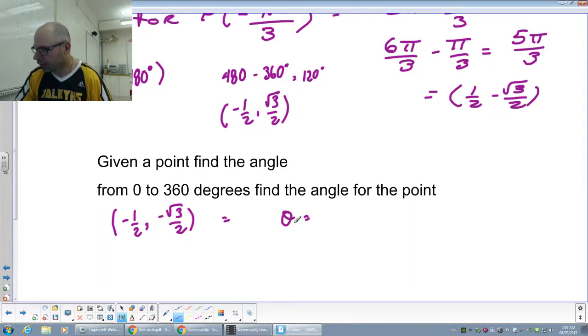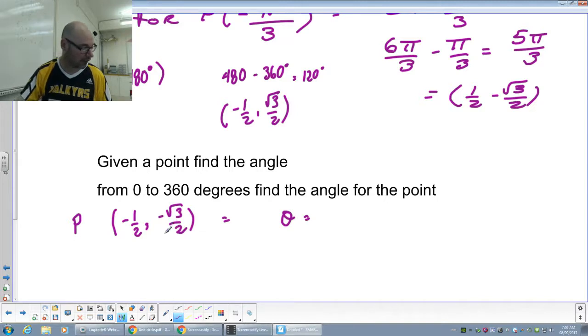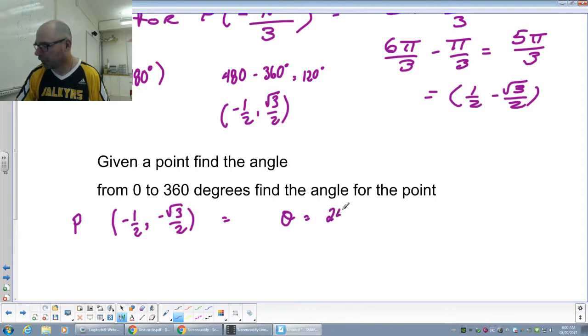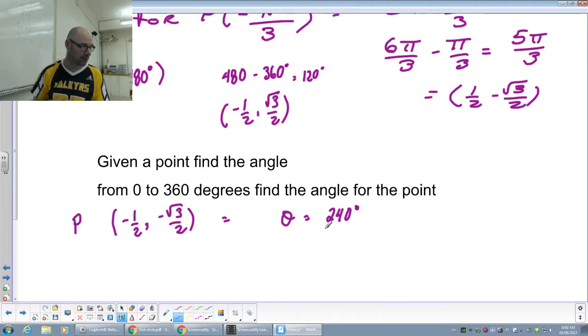So they would write it like this: point, and then they give you that. So theta, they might have a theta on it. Okay, and that would be 240 degrees. Now, if it's in pies and stuff, then you'd have to write it as radians. They might say a little bit with that as well.